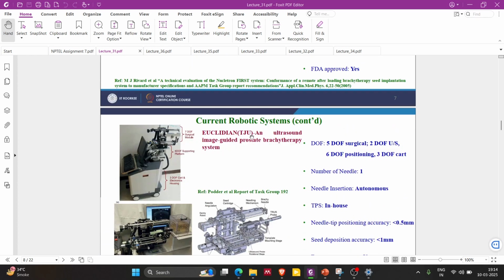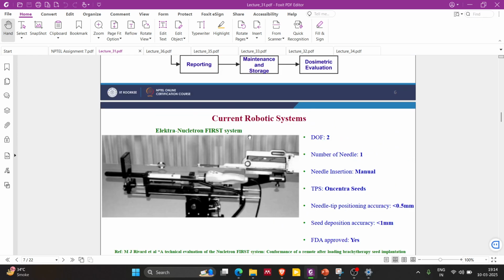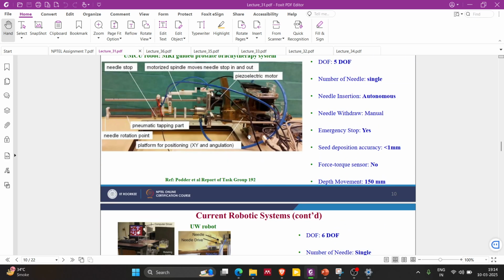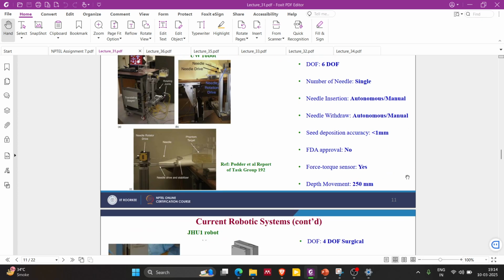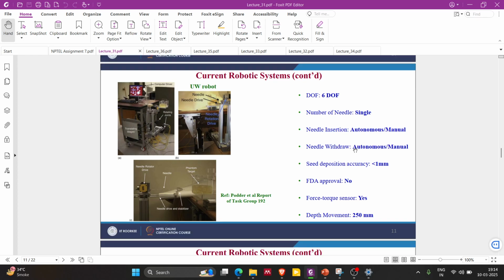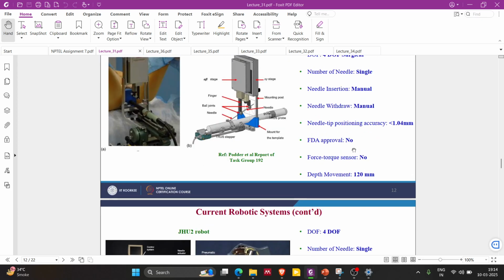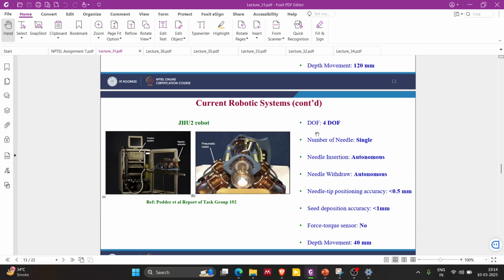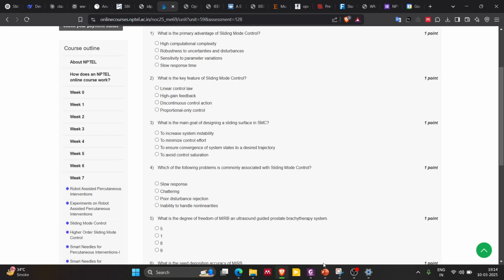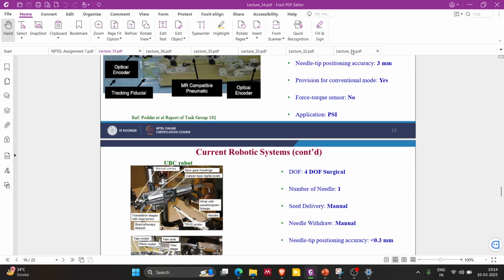Since he discussed some 10 to 15 systems, you don't have to mug up this part, but you just need an idea that these systems are available and what they use. You don't need to go too deep into it, but you need to know why we are doing this.